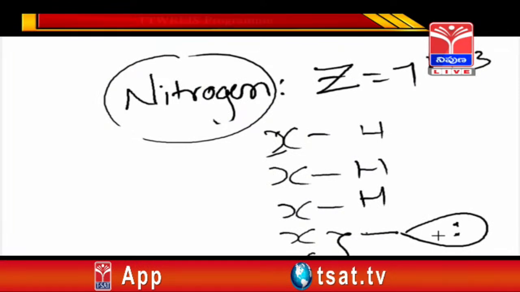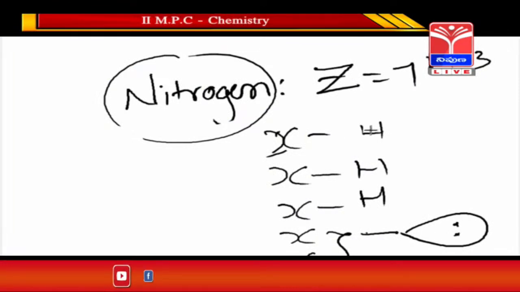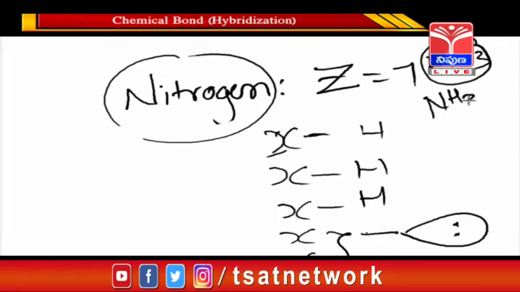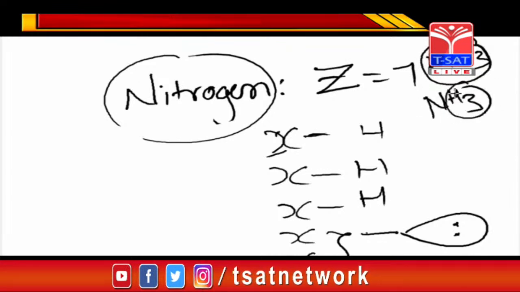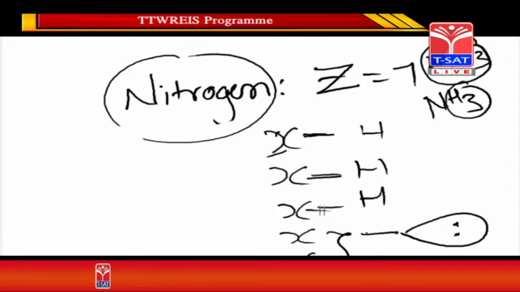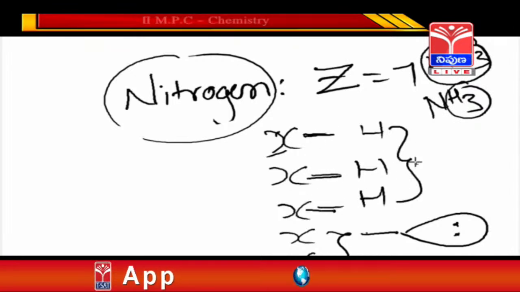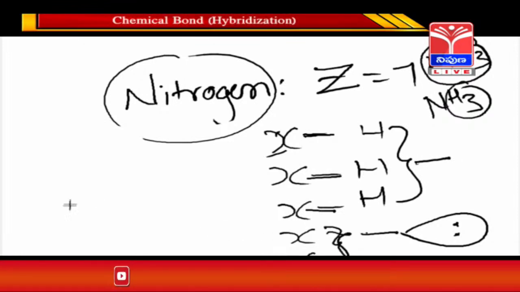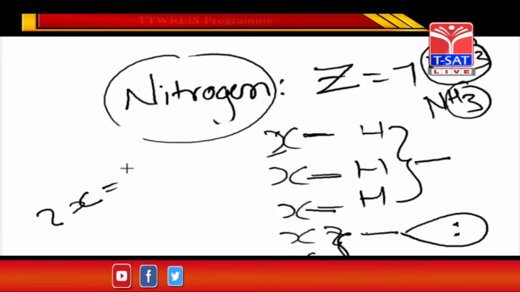Can you catch my point, guys? Here in NH3, 3 hydrogens are bonded with one group. So these 3 are bonded and the leftover excess elements are 2, so 2X equals 1 lone pair.